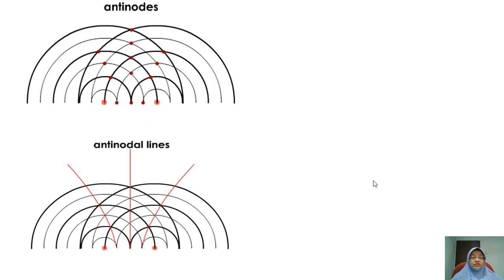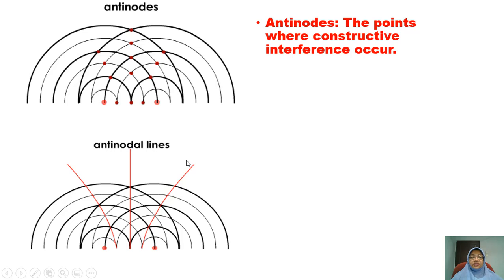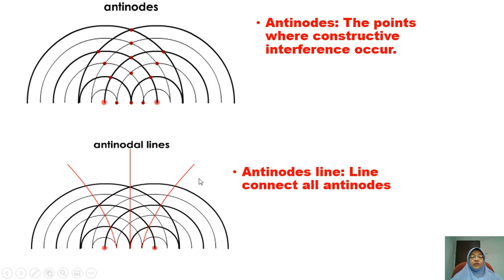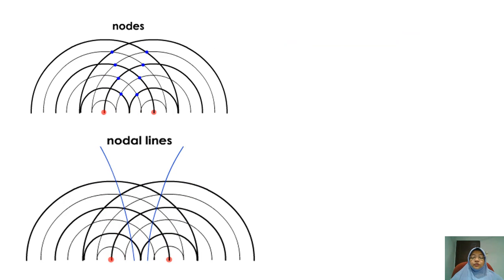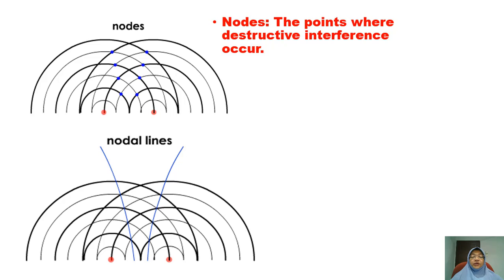Look at this example. These are the antinodes, the points where constructive interference occurs. The line that connects all these points is what we call the antinode line, the line connecting all antinode points. Nodes are the points where destructive interference occurs.